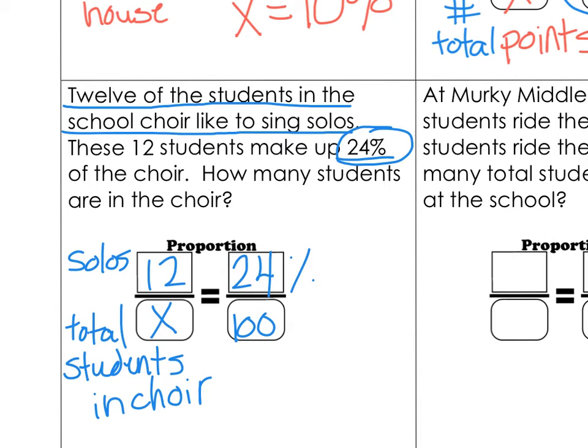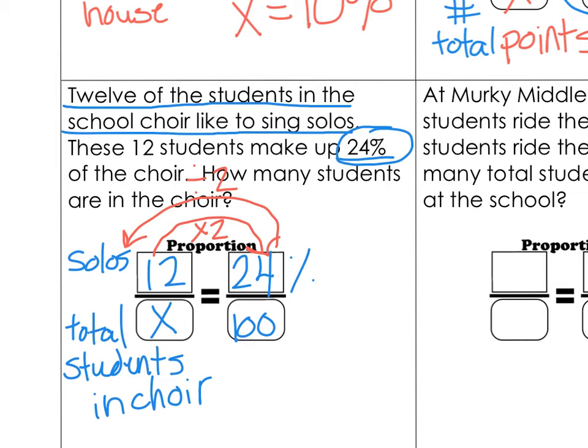In order to figure out x, we could figure out how do we get from 12 to 24. Well, we could multiply it by 2. So 12 times 2 is 24. But remember, we want to go in the direction of x. So if we do better going multiplying, we can just go backwards and ask ourselves, how do we get from 24 to 12? Oh, that would be dividing by 2.